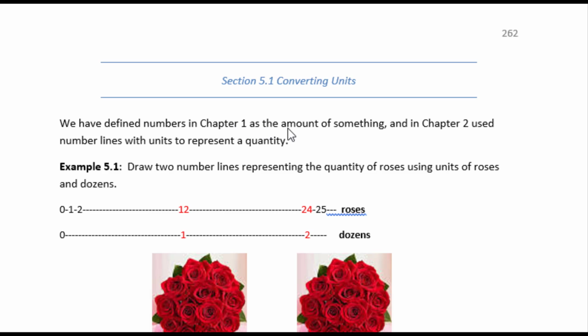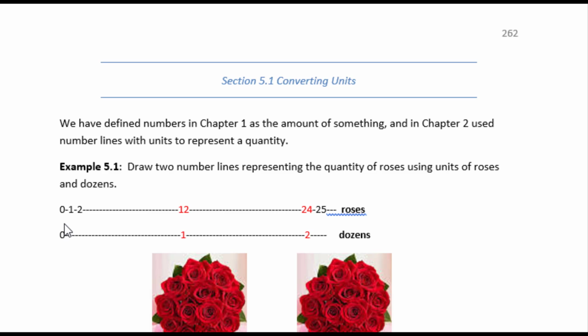In Chapter 1, we defined numbers as the amount of something. In Chapter 2, we used number lines to represent that quantity. Here we're using number lines to represent roses and dozens of roses. So there's a dozen roses. These are roses in the first number line, and these are dozens of roses in the second.